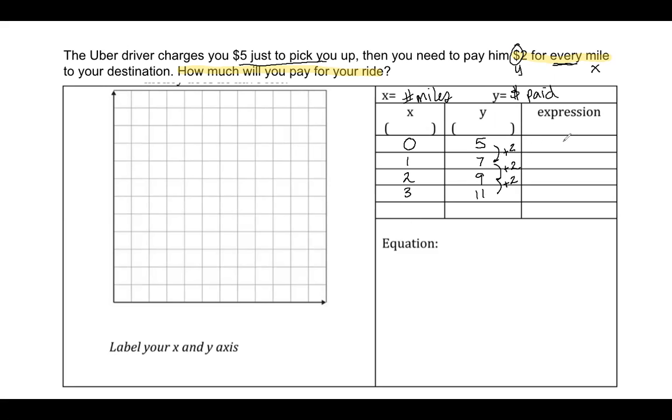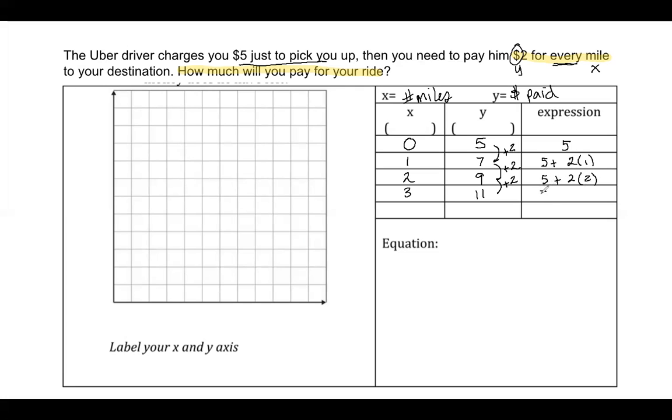So the expression for 0 miles was just a 5. There was no math there. For 1 mile, it was 5 plus 1 group of 2. You paid $2 for the 1 mile. I could even say 1 group of 2. For 2 miles, there's this group of 2 and another group of 2. So 2 groups of 2, plus that $5.